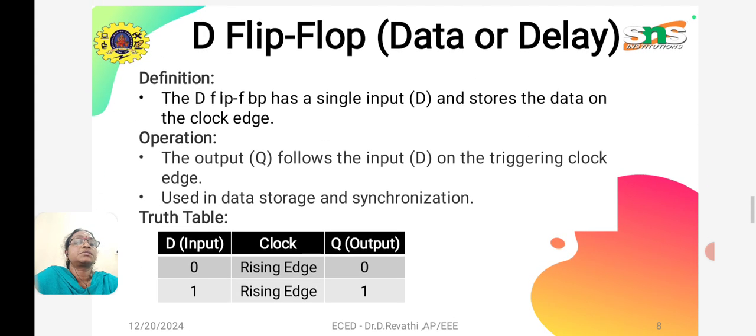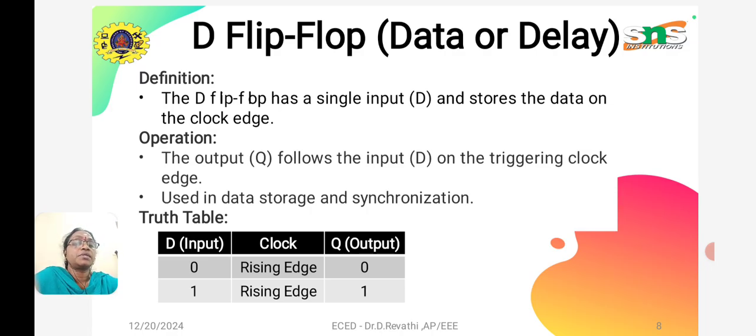Then the next flip-flop is the D flip-flop. You can say it is the data or delay flip-flop. It can be used to store the data on the clock edges. For its operation, we have two possibilities because it is 2 power n, where n is the number of inputs. We have one input, so the possible inputs are 1 or 0.